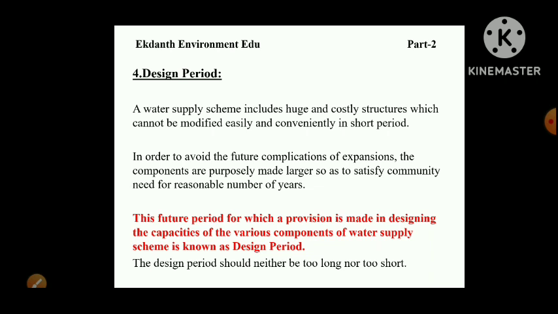Okay, so in order to avoid the future complication of the expansion, the components are purposely made larger so as to satisfy community needs for the reasonable number of years. Right, what I explained to you is the same thing being said here.